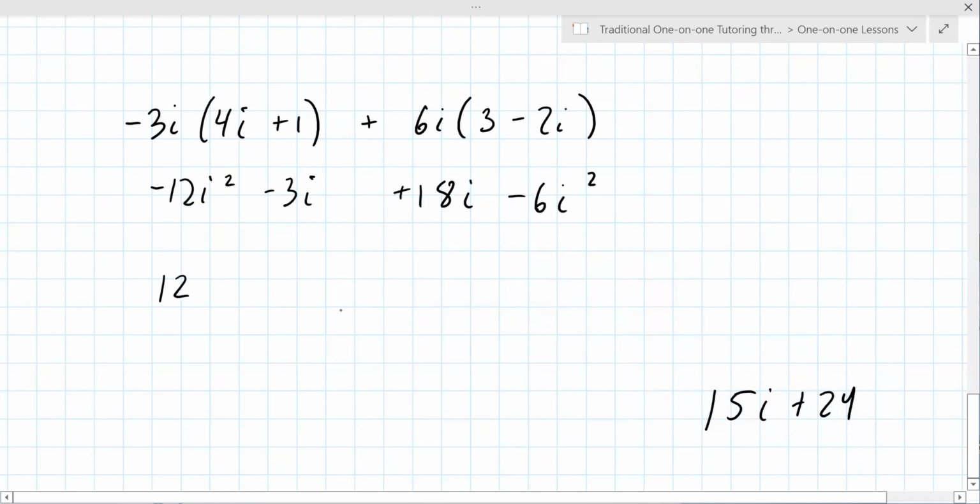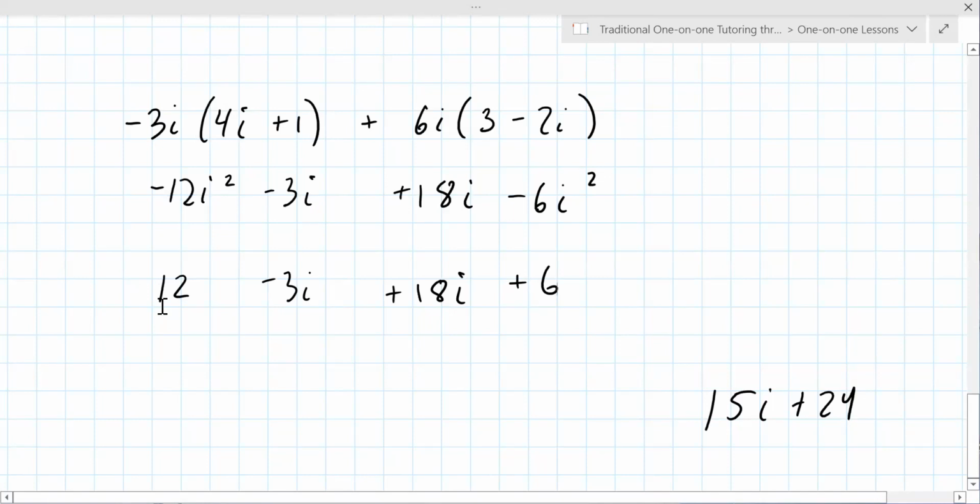This becomes positive 12 minus 3i plus 18i minus... plus 6. So what I see here is something different. What does yours look like? Because I'm guessing there's a difference between this first line and the second line.